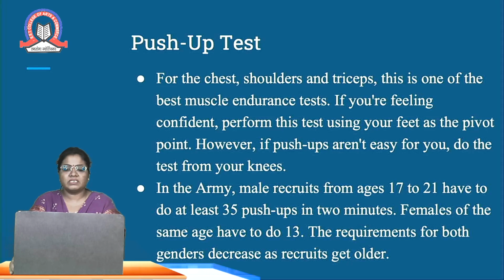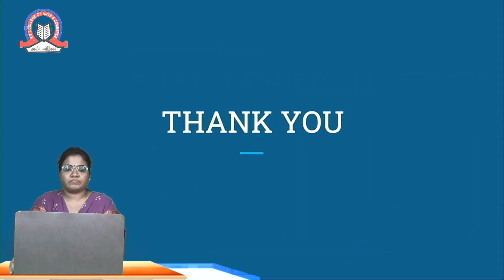The requirements for both genders decrease as recruits get older. So as the muscle gets older, the age is also taken into consideration for men and women, and the push-up count is reduced for 2 minutes in the army selection.